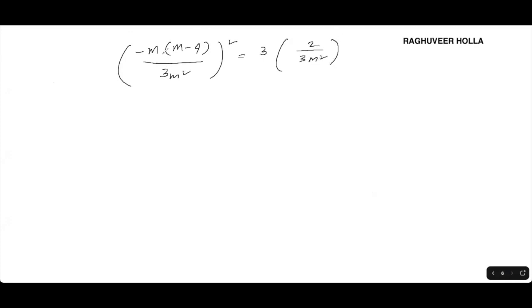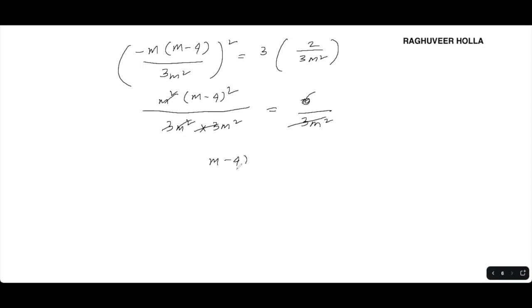Okay, so this is m square into m minus 4 whole square divided by 3m square multiplied by 3m square. So I can simplify the terms, right? So this is 6 divided by 3m square. So you can cancel this out, right? And these terms you can multiply if it goes to the other side.